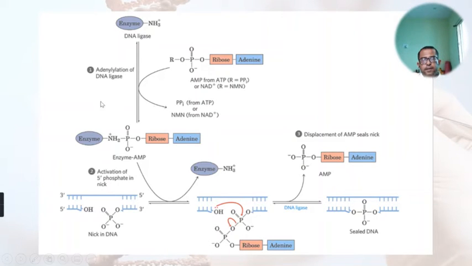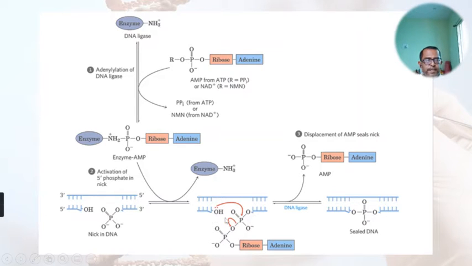This is the reaction here. This is the DNA ligase enzyme, which has an amino group at the lysine residue. This DNA ligase enzyme is first adenylated by using this cofactor, and this is the enzyme-AMP complex, which gets bound to the phosphate and hydroxyl group present at these molecules.